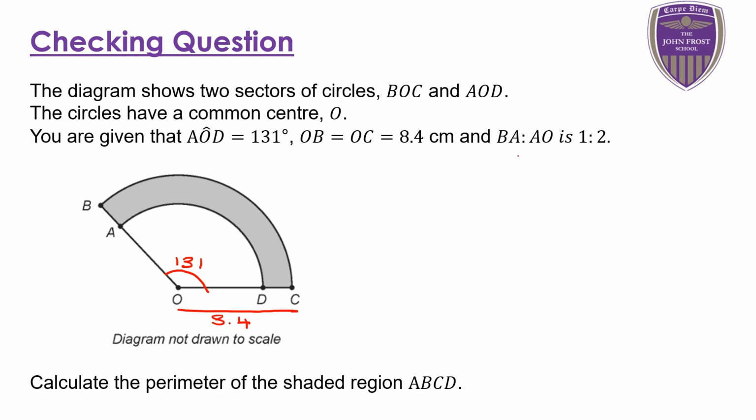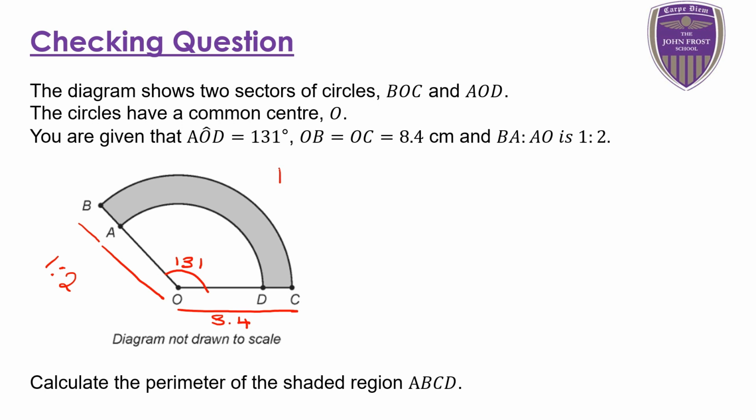The ratio of BA to AO is 1 to 2. Okay? So these sides are in ratio 1 to 2. Calculate the perimeter of the shaded region, ABCD. Okay?